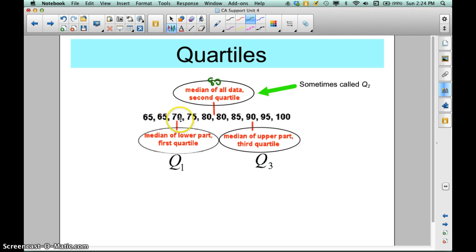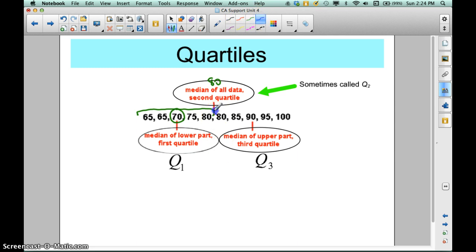The first quartile is actually the middle of the bottom half. Look at the bottom half of this data. Everything below the median is called the bottom half, and the middle of it is 70, and that's quartile 1. Now look at the top half of this data.